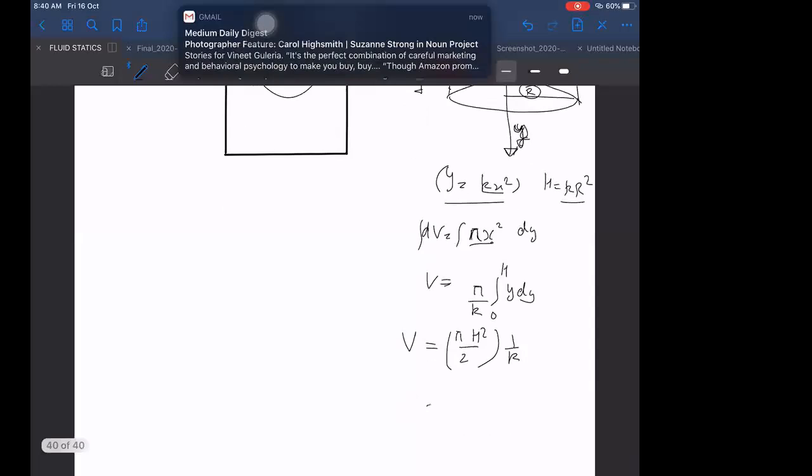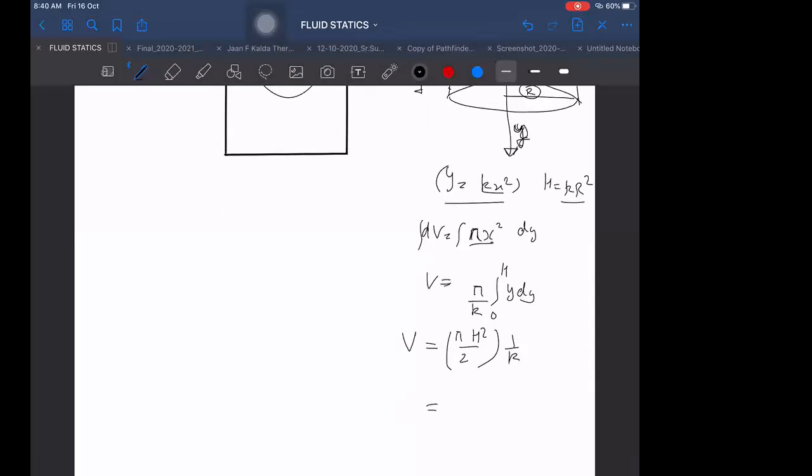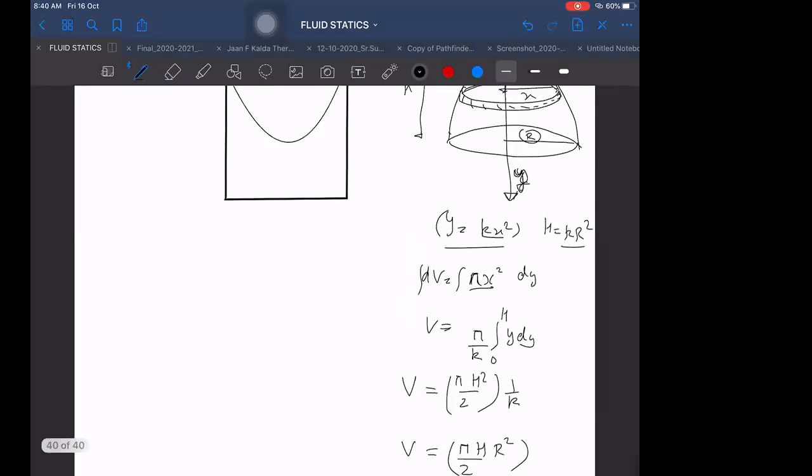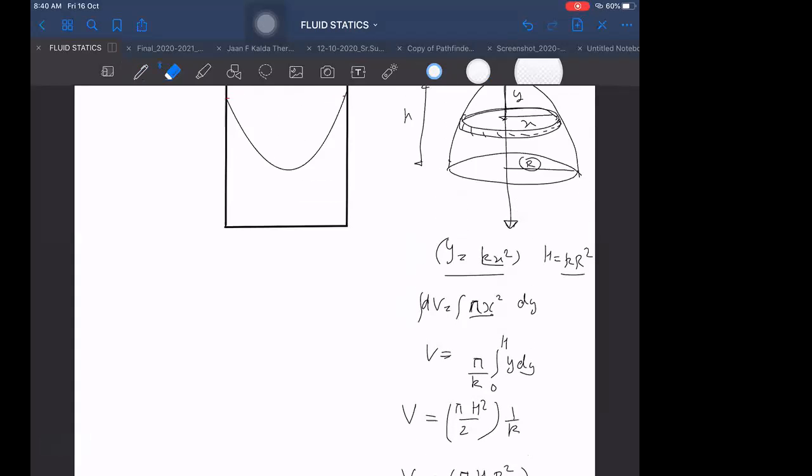If I put the value of k as h by r square, then I get pi h by 2 into r square by h, right, pi h r square by 2. Okay. Yes, sir, fine.